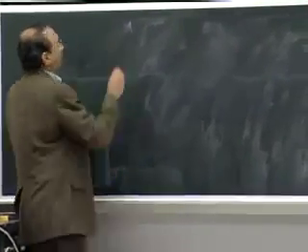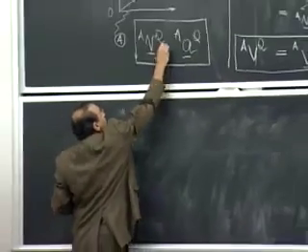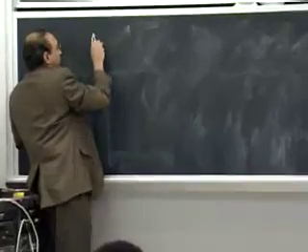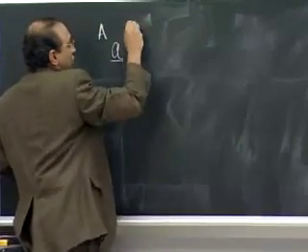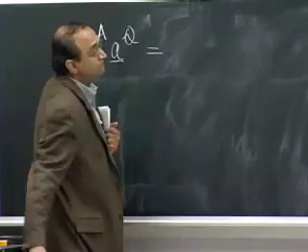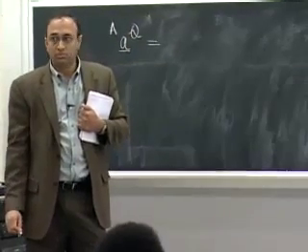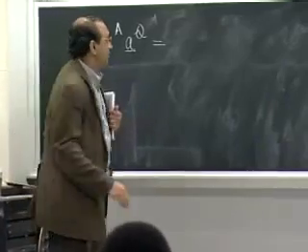Now, this we've done. I'm going to do this now. If I want the acceleration of point Q with respect to frame A, what do I do? Yeah, just take the derivative of that one.